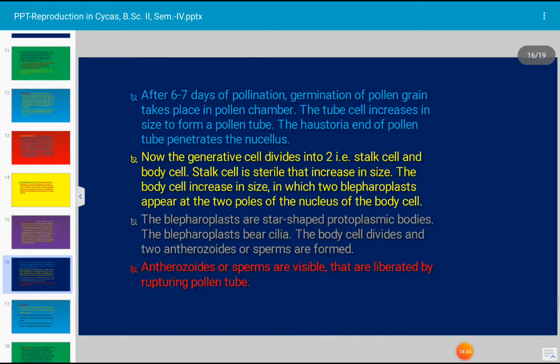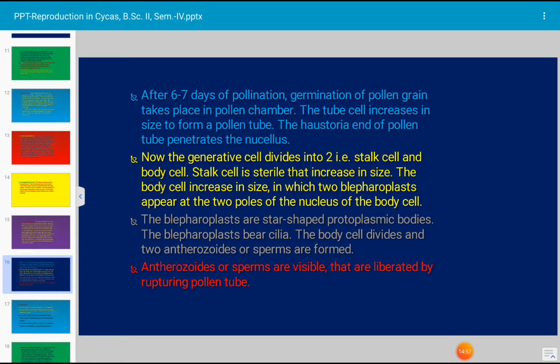Next. After 6 to 7 days of pollination, germination of the pollen grain takes place in the pollen chamber. The tube cell increases in size to form a pollen tube. The haustorial end of the pollen tube penetrates the nucellus.